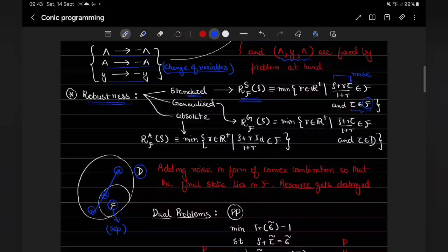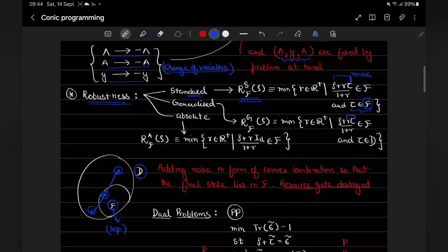The next one, which makes more sense, is generalized robustness, which is how much noise you add, where the noise that you are adding can be any matrix in the density operator space. This makes more sense because in nature it is not that there are only separable states. So you can have noise such that two entangled states are convex combined and become separable.